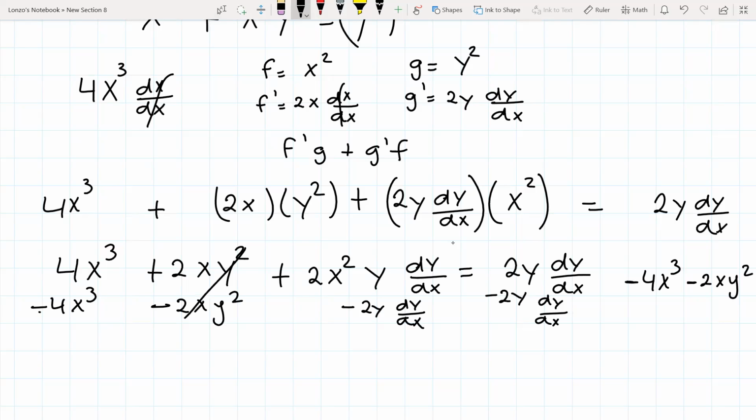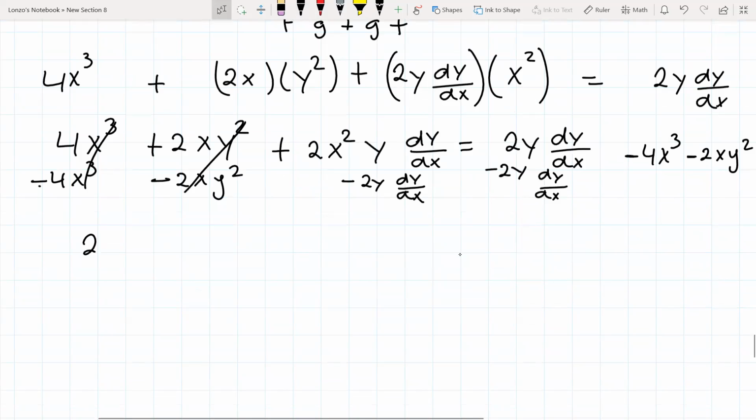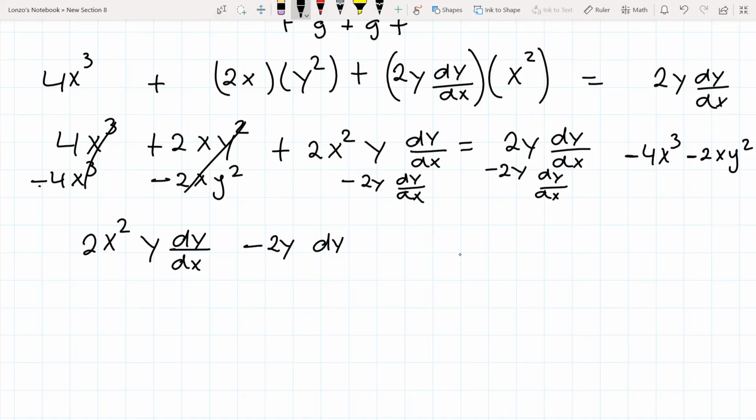Okay, that cancels, and this is going to be 2x squared y dy/dx minus 2y dy/dx equals negative 4x cubed minus 2x y squared. And then over here on the left side, factor out a dy/dx.